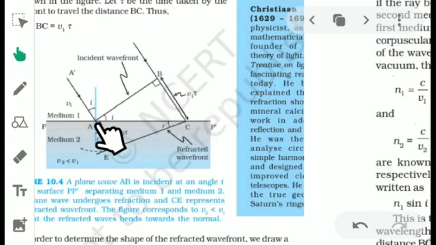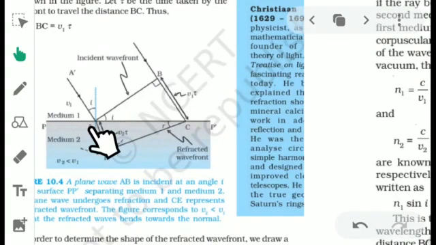Here the distance travelled by the refracted ray is AE. Here the velocity of light in the first medium is more than that in the second medium. During the same time, the distance travelled by the light in the first medium and the second medium will be different. So V1t is more than V2t.